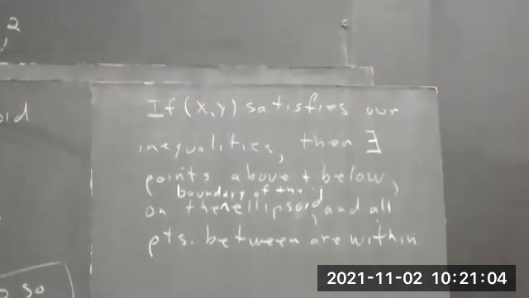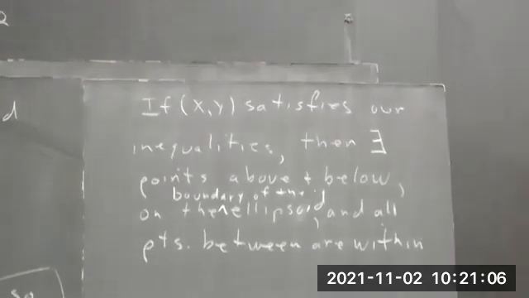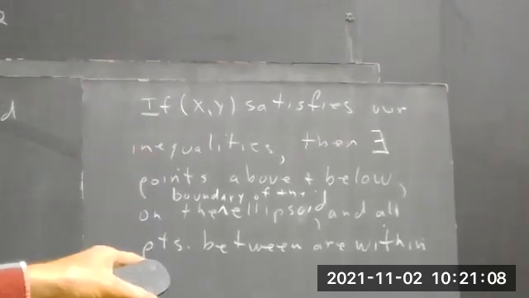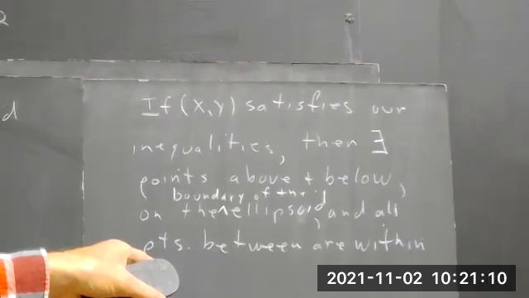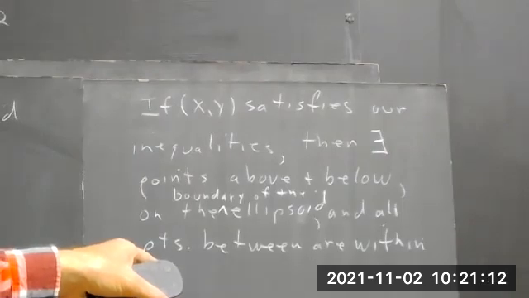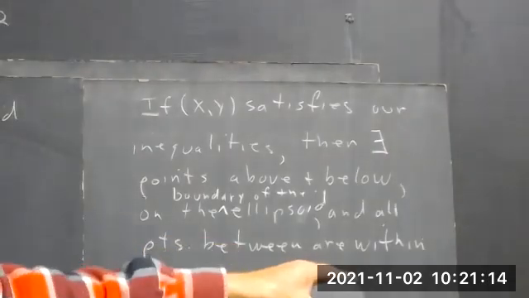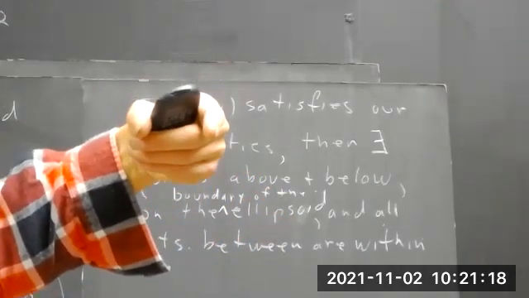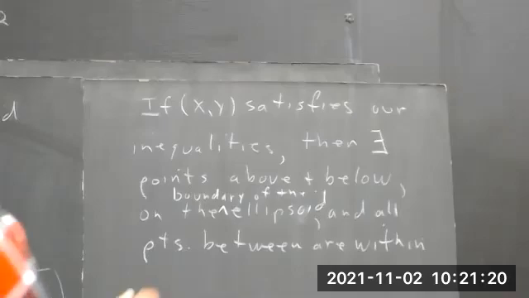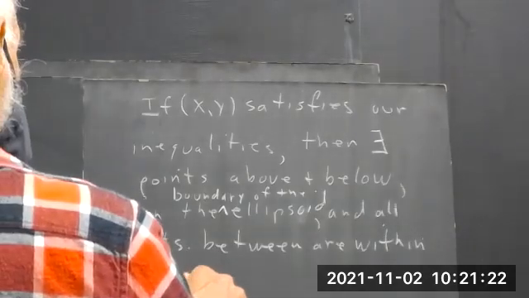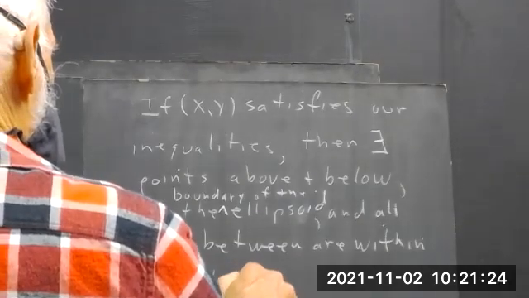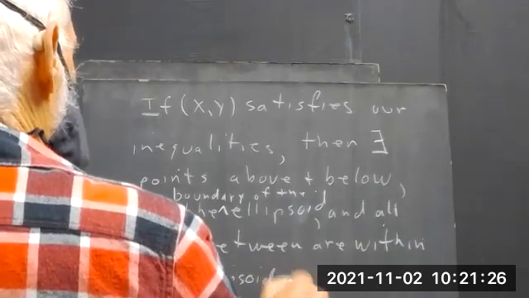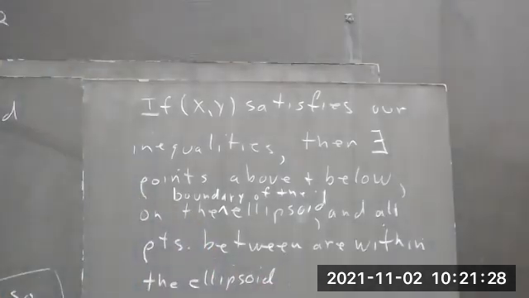I'll eventually get less clumsy with this. But all points between the two points in the boundary of the ellipsoid are within the ellipsoid. So what are the coordinates? What are the z coordinates?